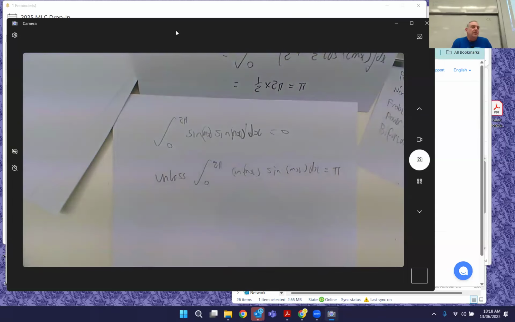What this means is, because we know how the trig functions react when we multiply them by another trig function and integrate them across the entire period, we can pretend all functions do that.